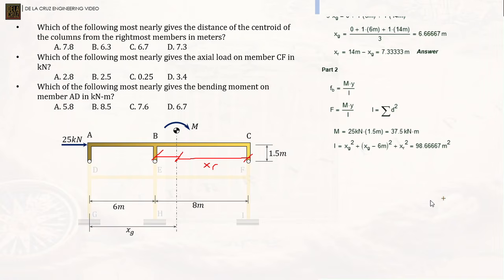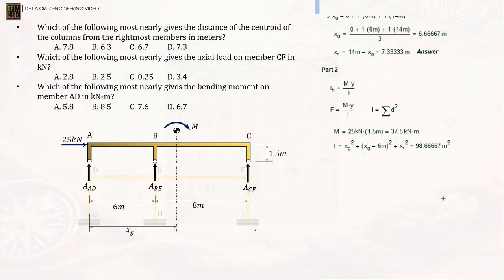Okay. Now, to calculate the force on member CF, let us first put the forces involved there. If these are pins, then the forces here, this is our assumption. This is the actual force in member CF. This is the actual force in member BE. And this is the actual force on member AD.